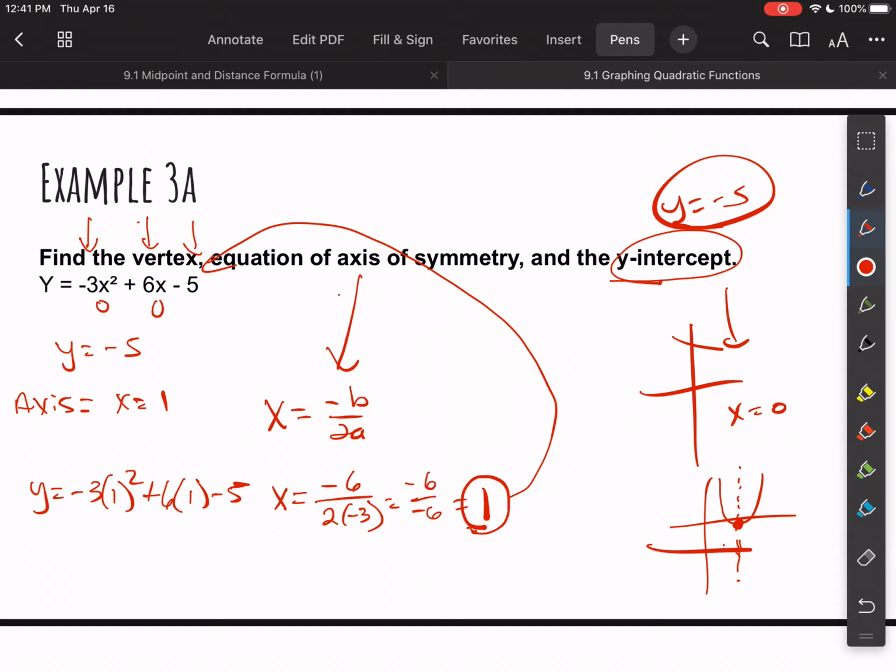I just took that 1 and plugged it in for x. 1 squared is 1, 1 times -3 is -3, 6 times 1 is +6, minus 5. -3 plus 6 is 3, 3 minus 5 is -2. So I have a vertex. Notice here, you guys, that the axis will always be sharing the x value with the vertex on these. So the vertex will be 1, -2.